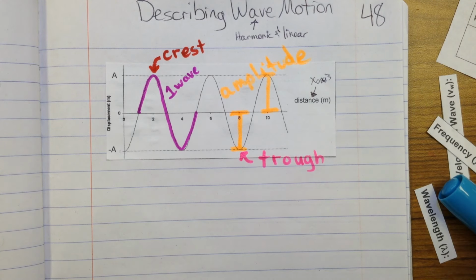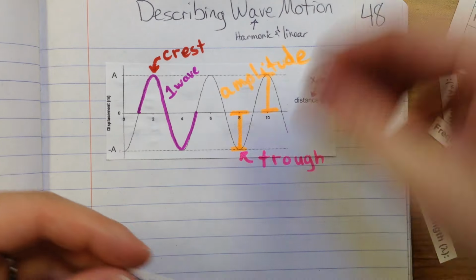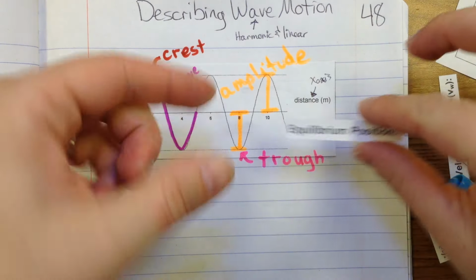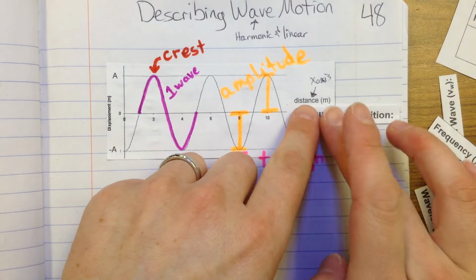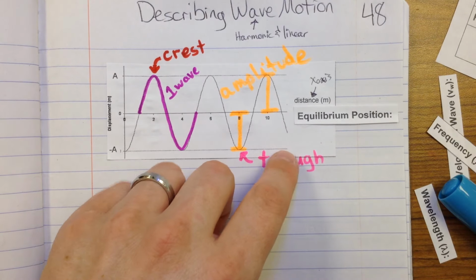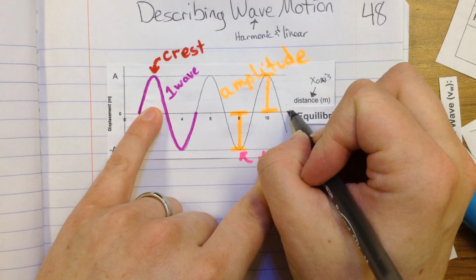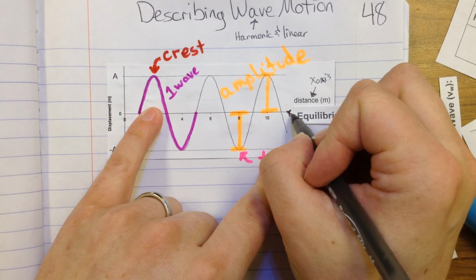Now, in order to figure out the amplitude, you need to identify the equilibrium position. I think you understand equilibrium position enough that we don't have to highlight it, but let's go ahead and label it. So equilibrium position, that is that right there. That's your equilibrium position.